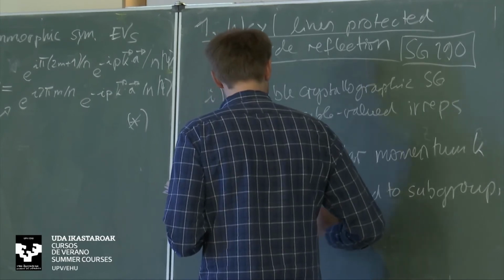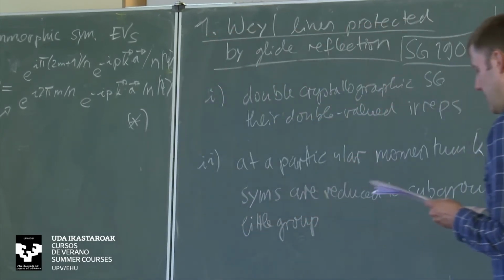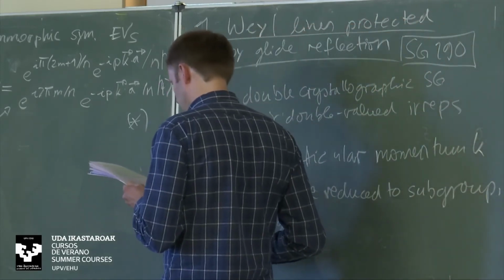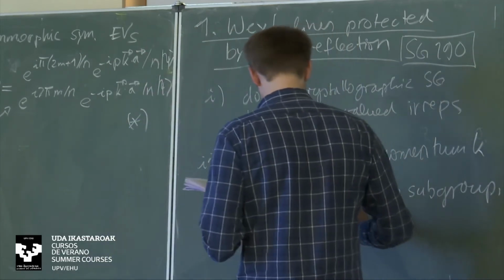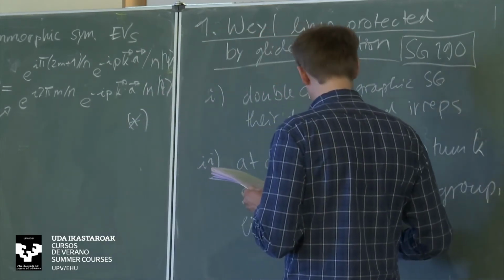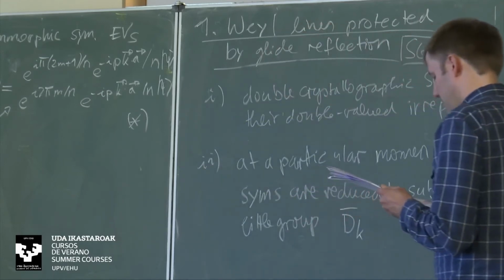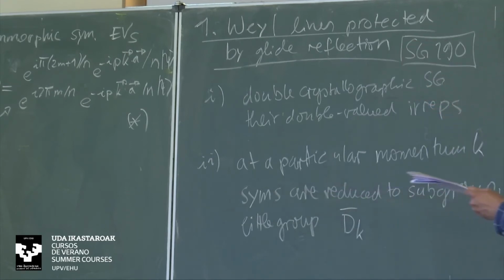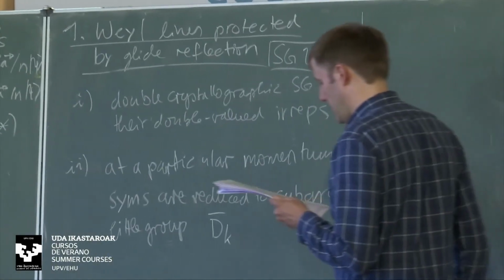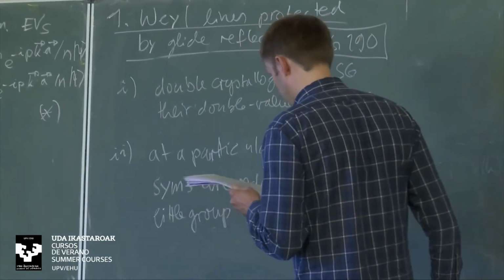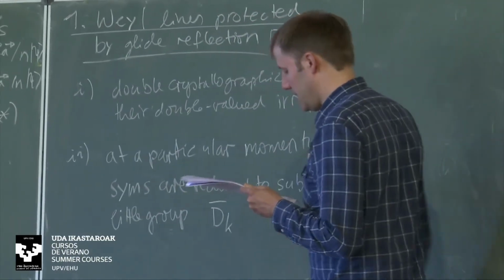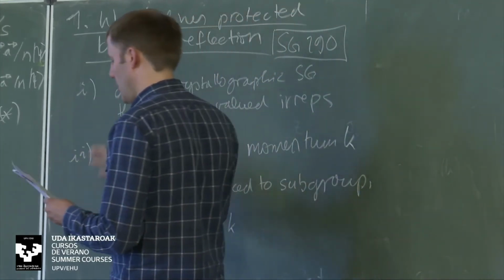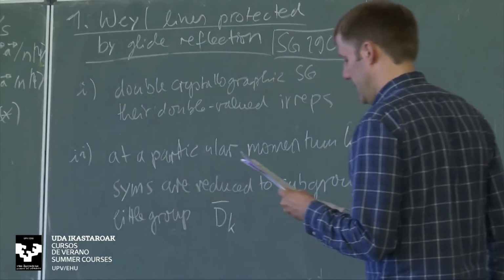So what I use to label these bands is not the irreps of the full group, but the irreps of this little group. And then the third point we need here is these compatibility relations. I'm going to call these irreps of the little group by the symbol D bar of k, where the bar denotes that this is double valued. It's the little group at this particular k point, and this little group is, of course, different if I look at the time reversal invariant momentum or a general momentum in the mirror plane.